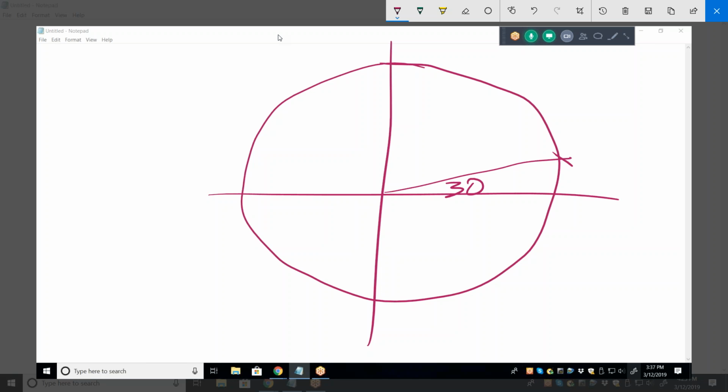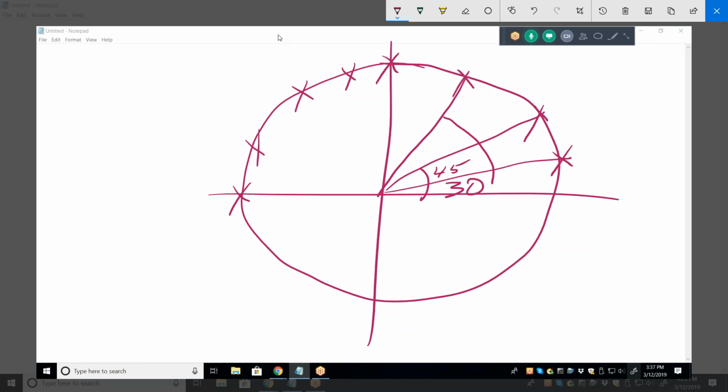They want to know the coordinates on that point. 45-degree angle. They want to know the coordinates on that point. 60. They want to know the coordinates on that point. 90, 120, 135, 150, 180. All 16 points around the unit circle, they want to know.